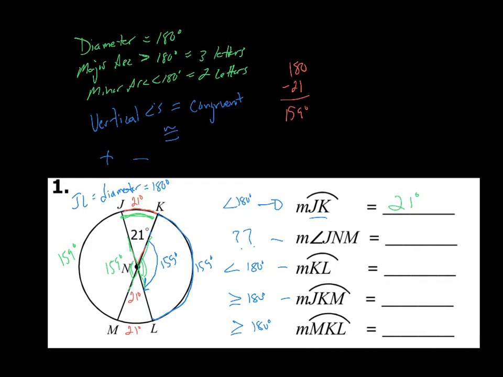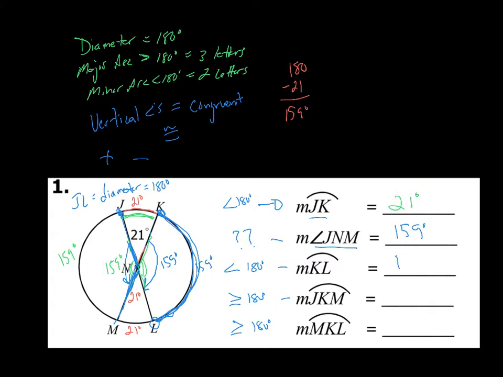Next, we go to angle JNM. It starts at J, heads into N, comes out to M. So that's this angle right here. So that's 159 degrees. Minor arc KL is going to be starting at K, traveling towards L right here. So that's this arc.